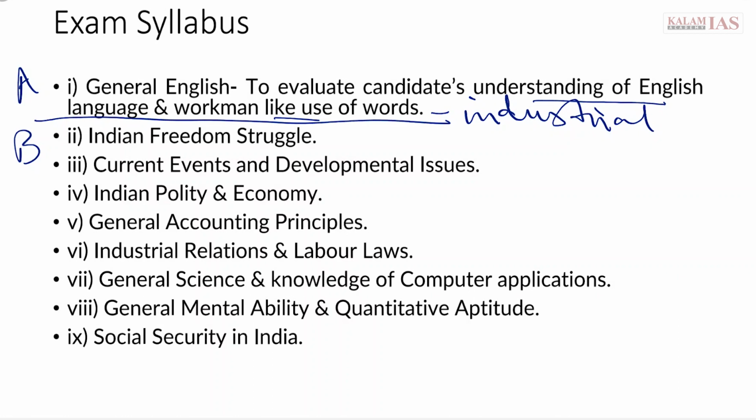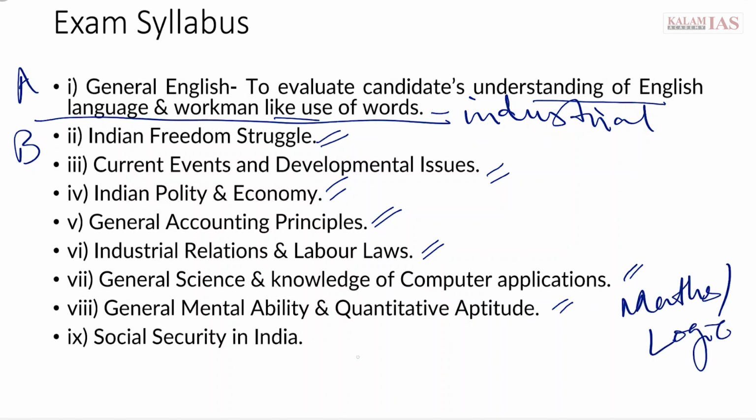Part B consists of various topics such as Indian freedom struggle, current events and developmental issues, Indian polity and economy, general accounting principles, industrial relations and labor law, general science and knowledge of computer applications, general mental ability and quantitative aptitude, which is maths questions as well as logical reasoning questions, and the last is social security.